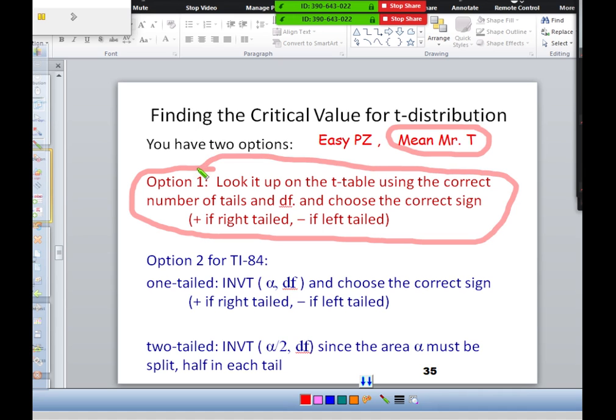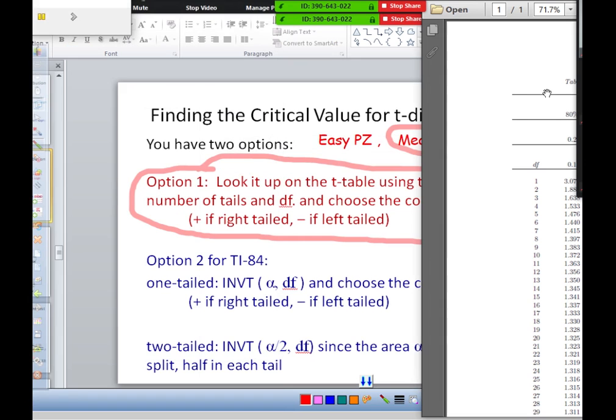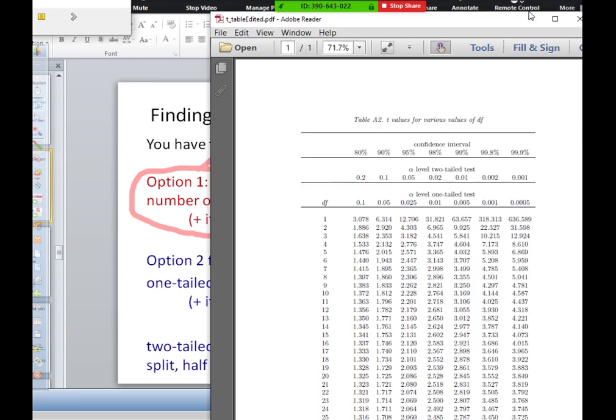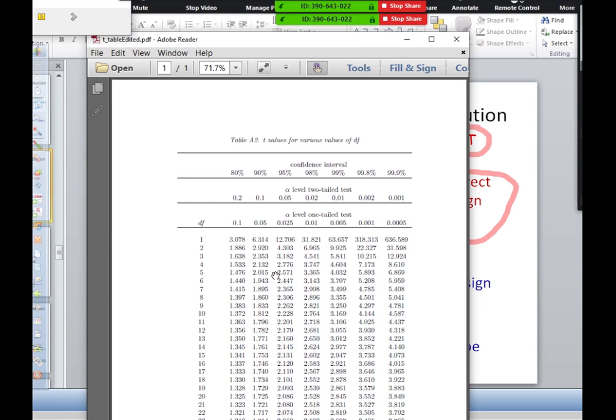And remember, if it's left-tailed, make it negative. If you look at your t-table, all the numbers on there are all positive. So the thing about it is that you are smart.